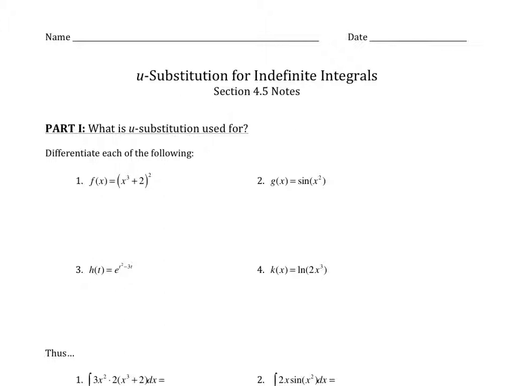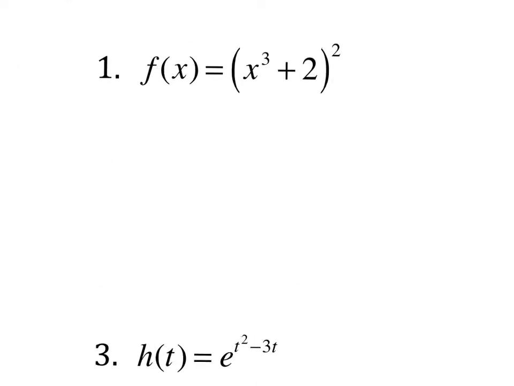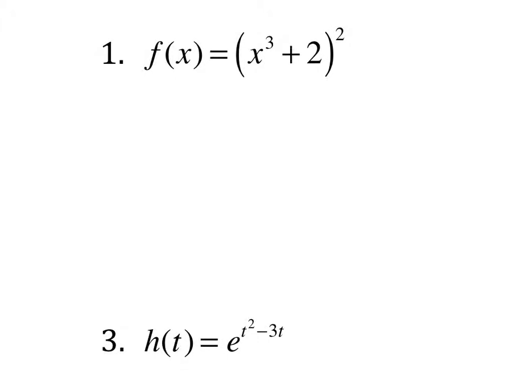All right, so here in numbers 1, 2, 3, 4, let's go ahead and differentiate each of the following expressions. Okay, so in this first one, we've got f of x equals x cubed plus 2 squared. So we recognize that at the highest level, we have power rule. So let's use power rule on x cubed plus 2.